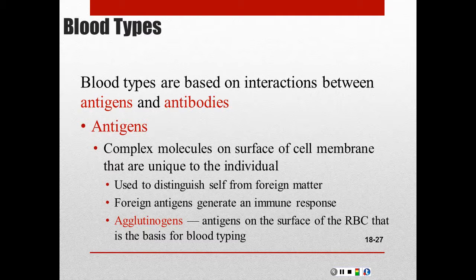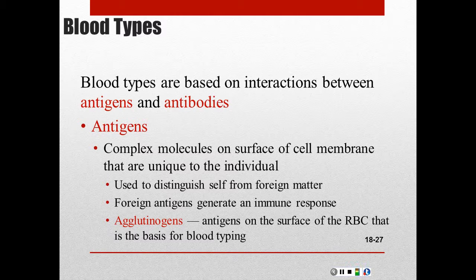Antigens are complex molecules such as proteins, glycoproteins, and glycolipids that are unique to each individual. When the body detects an antigen of foreign origin, it produces an immune response. Part of this response is the release of proteins called antibodies. Antibodies bind to the antigens and destroy them.